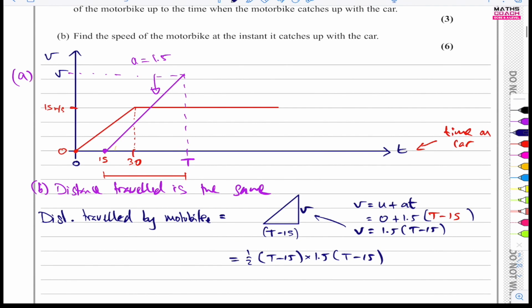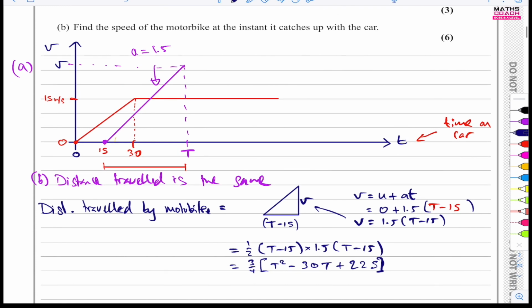And if we multiply this out, 3 over 2 times half is 3 over 4. And if we expand the double brackets, that's t squared minus 15t minus 15t, that's minus 30t, plus 15 squared is 225.